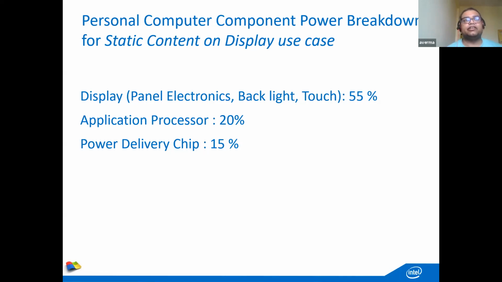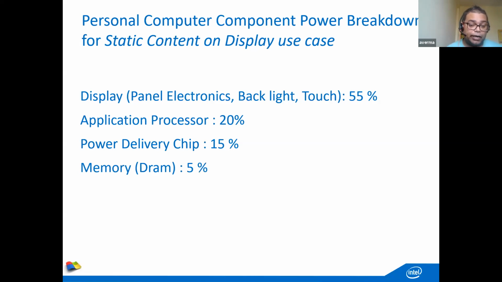So you need converters which can convert 3.7 volt to these voltages, and those are called voltage regulators or LDOs. So this power delivery chip is a combination of all these voltage regulators and LDOs, which takes almost 15% of the total platform power.